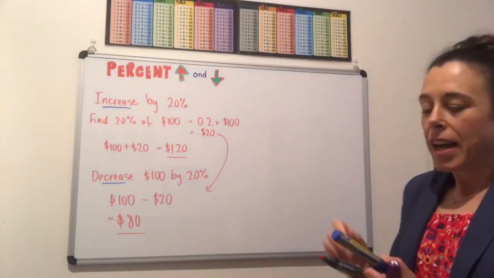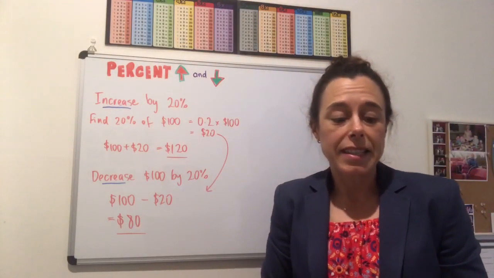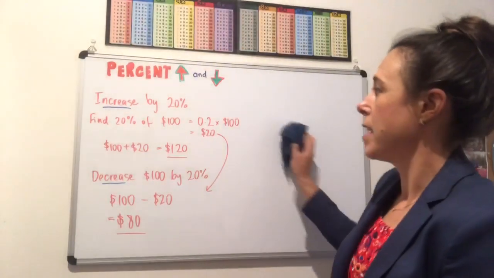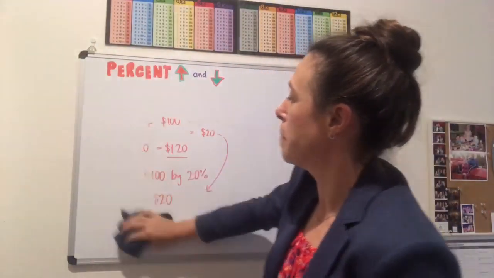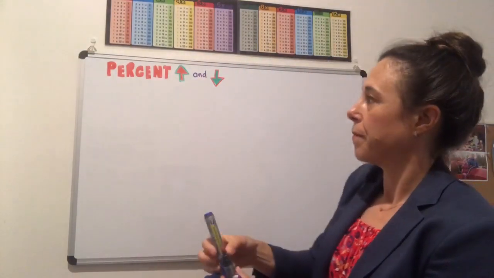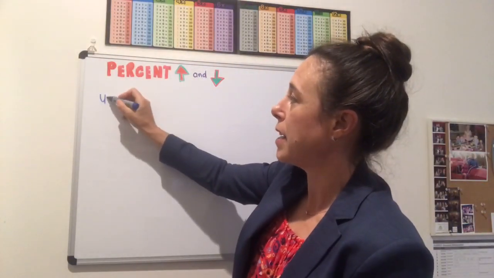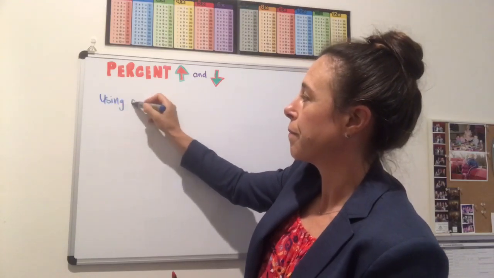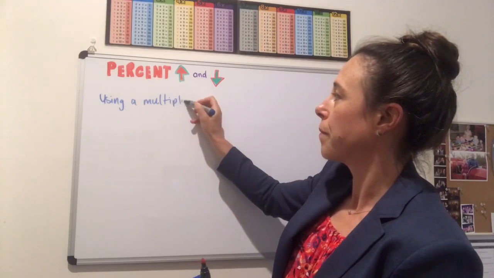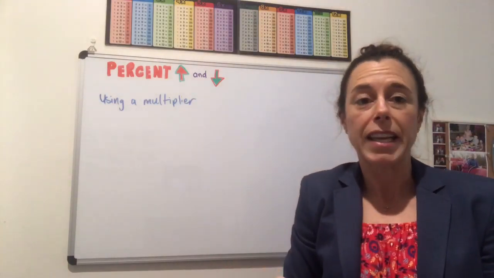Okay. Another method to use is our multiplier. Okay, so if we want to use a multiplier, this would complete with one step only.